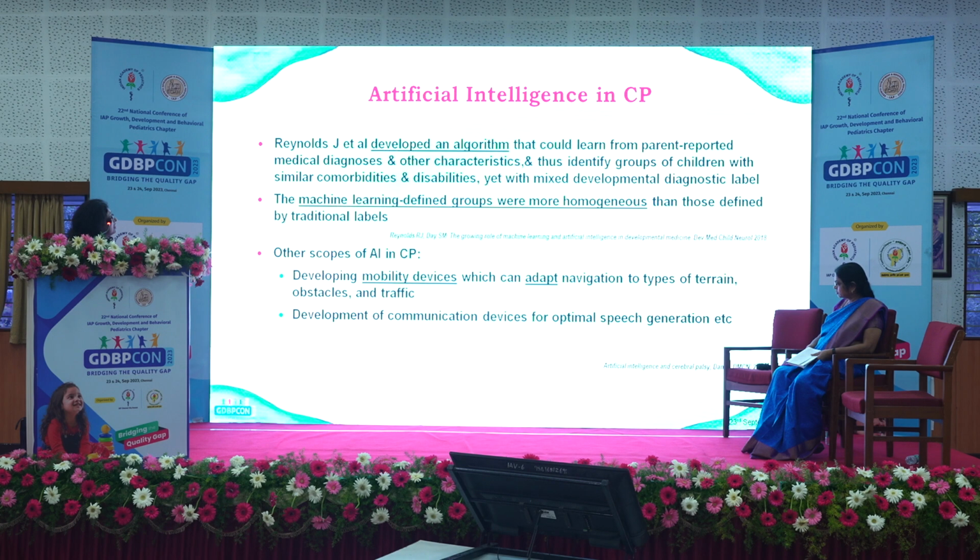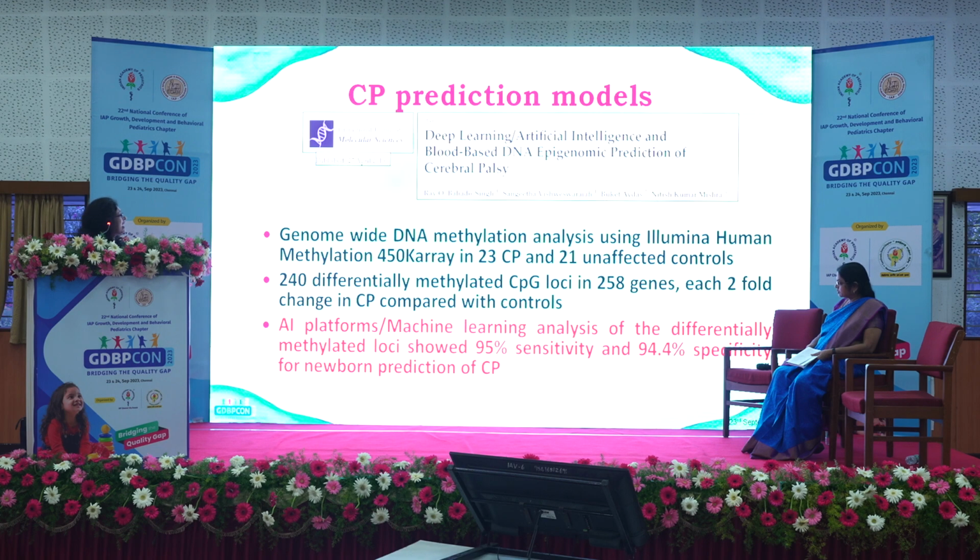And artificial intelligence can be used to develop algorithms for diagnosis, and then in mobility devices to navigate the various terrains can be helped. They are also using some genetic data to understand through machine learning whether you can predict having a CP.